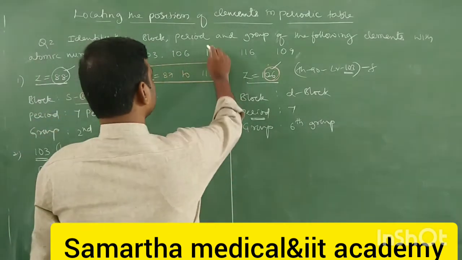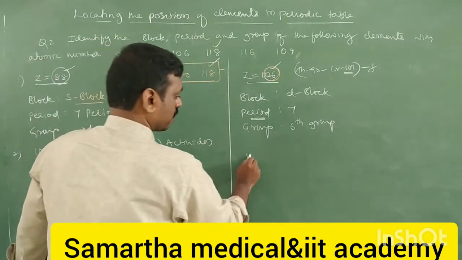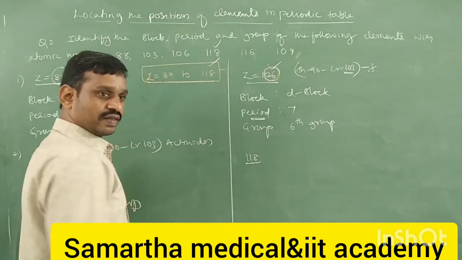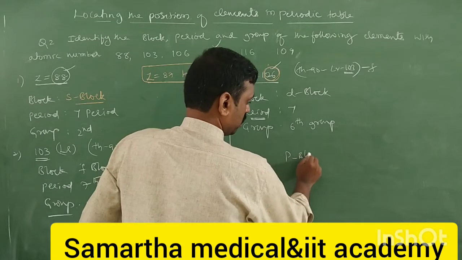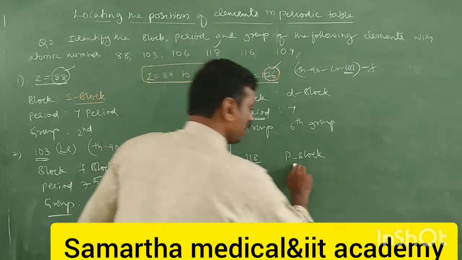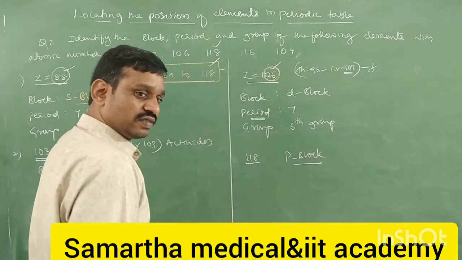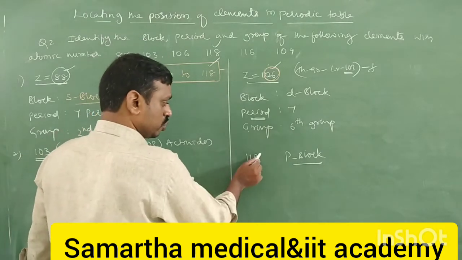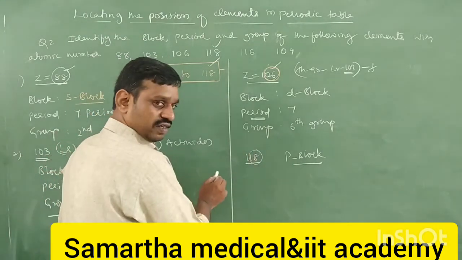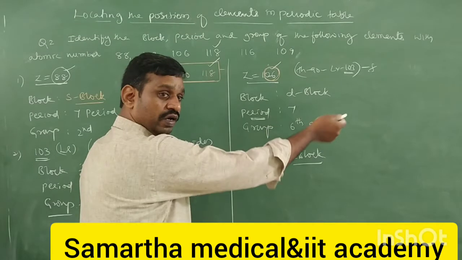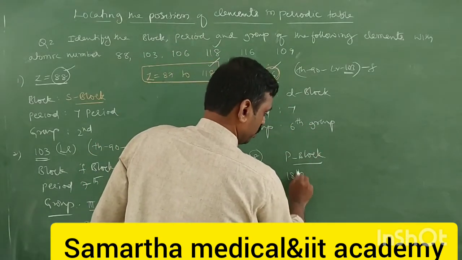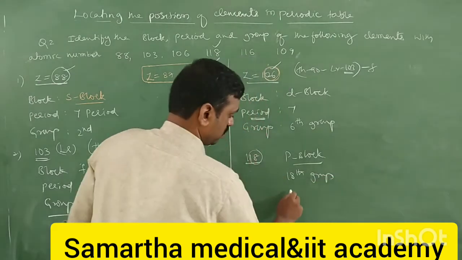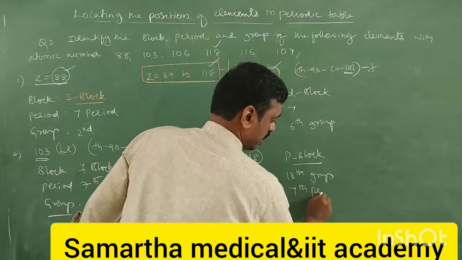Right, next similarly 118. Come on. It is a P block. How do you say it is a P block? The last 2 digits are 18, so it is the 18th group. The 18th group comes in P block. Which period? 7th period. Why?